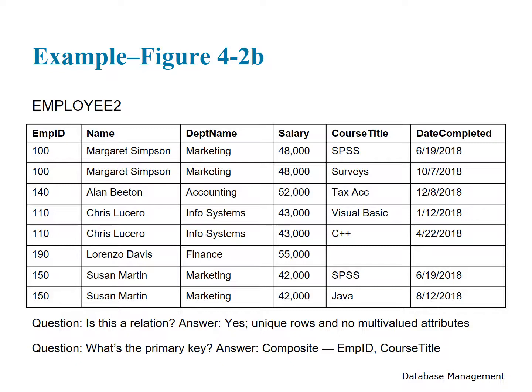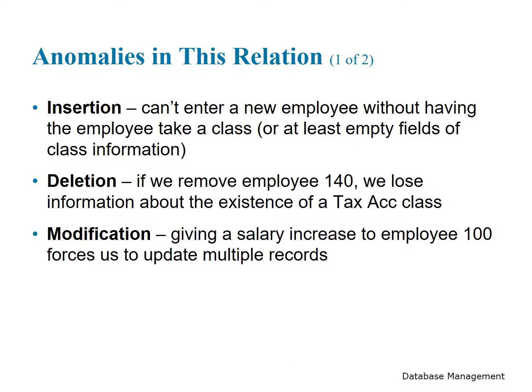If an employee has not taken any courses, the course title and date completed attribute values are null. See the employee with employee ID 190 for an example. Normally, in this relation, insertion: we can enter a new employee without having the employee take a class, or enter empty fields of class information.